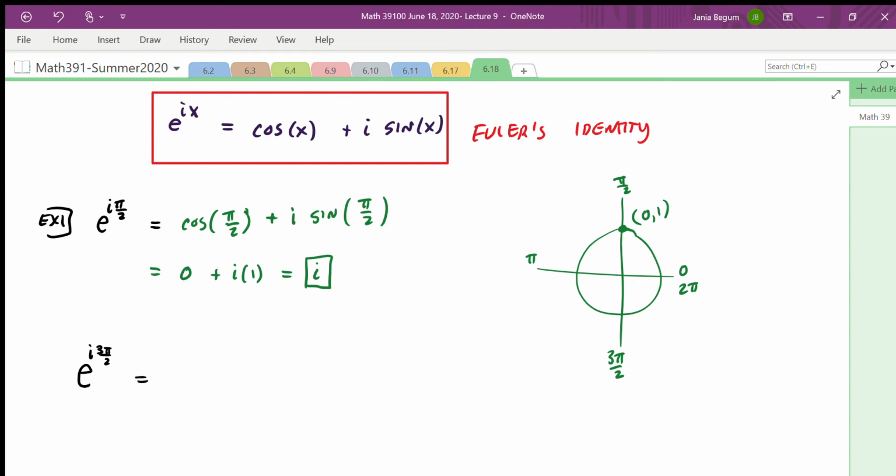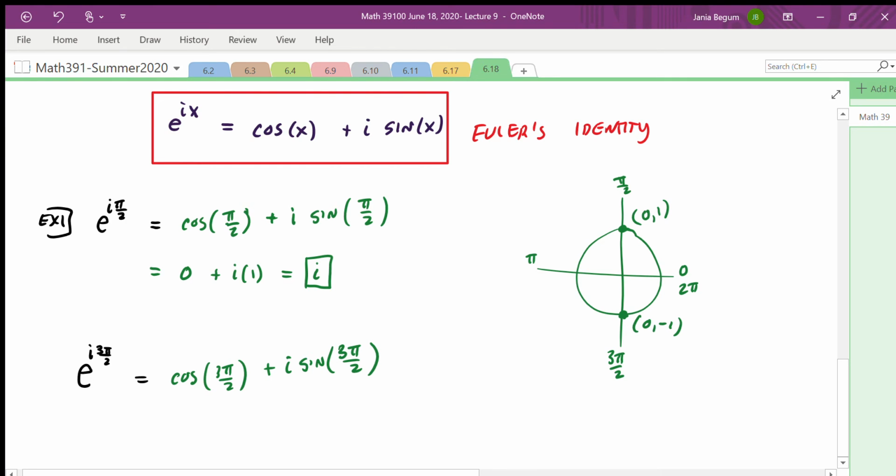Okay, so this would be what? Cosine of, yeah, that sounds right. So 3 pi over 2 is located right here, and this coordinate is (0, -1). And then you write this as cosine of 3 pi over 2 plus i sine of 3 pi over 2.